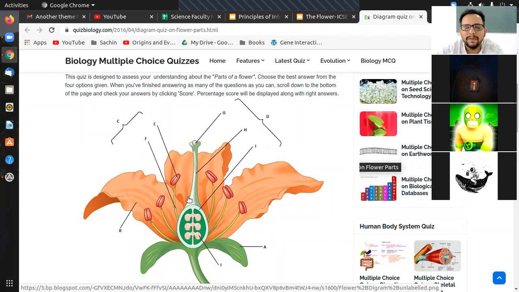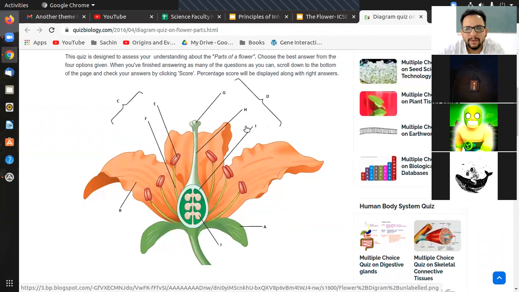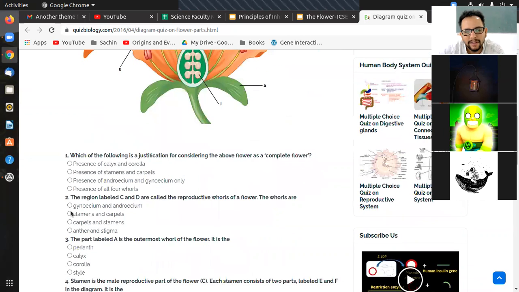Now here it is only one shown, but still. So the first is wrong. Stamen, yes. And the carpel, yes. Is it just anther and stigma? No. So the correct option is this one: stamens and carpel.